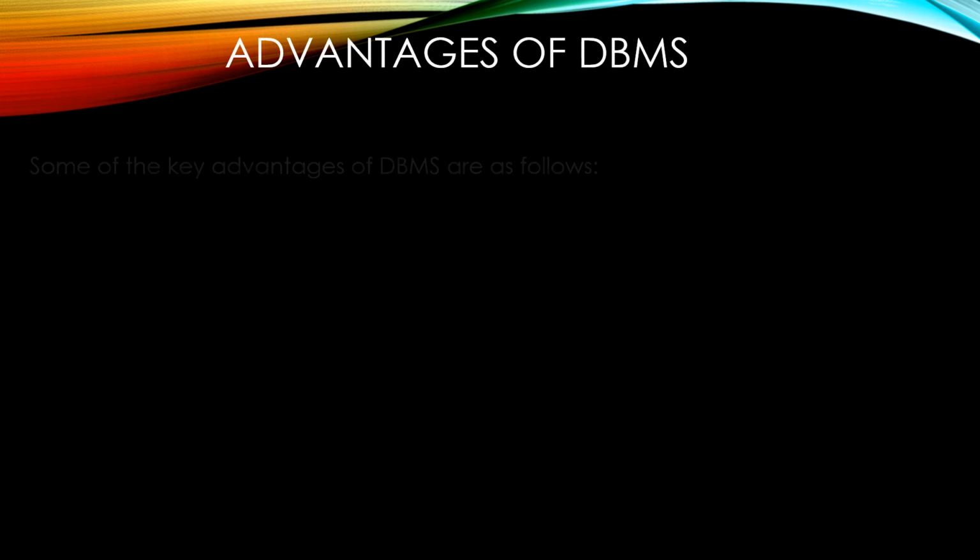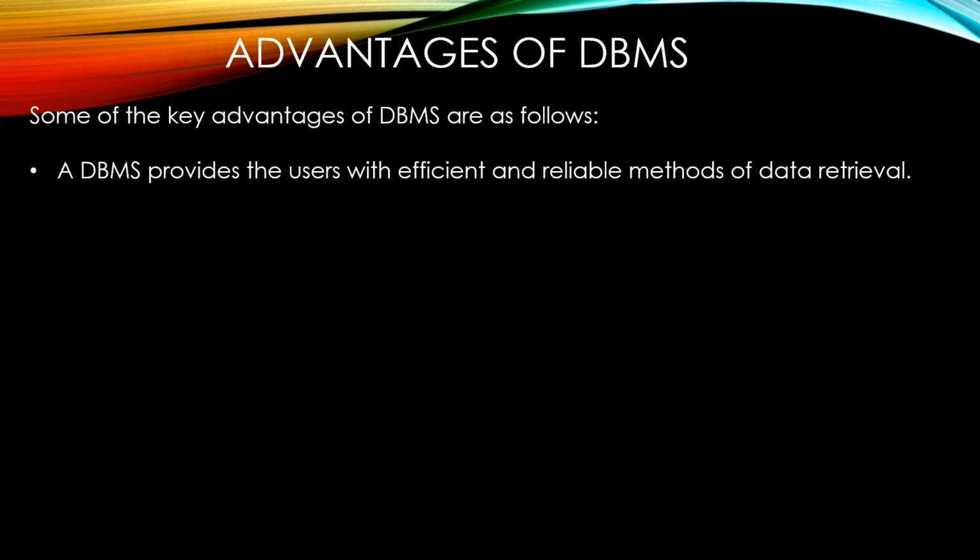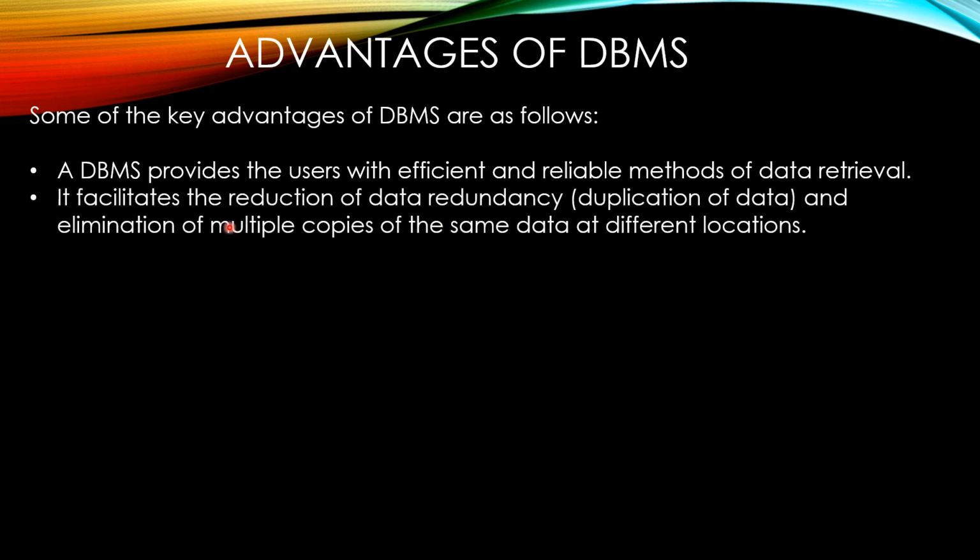Once we know what is a database management system, let us look into the advantages. Some advantages of DBMS can be listed just like this. DBMS provides the user with efficient and reliable methods of data retrieval. Just now we discussed about it, that quickly you can retrieve the data with the help of DBMS. It facilitates the reduction of data redundancy. What is data redundancy? That is duplication of data and elimination of multiple copies of the same data at different locations.